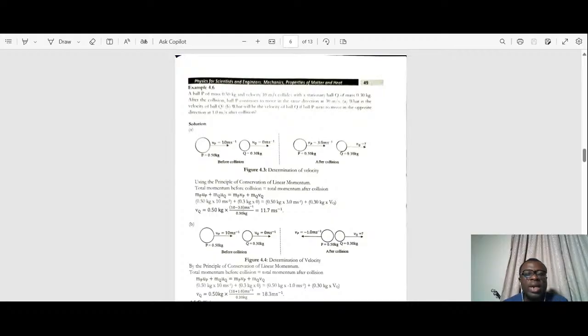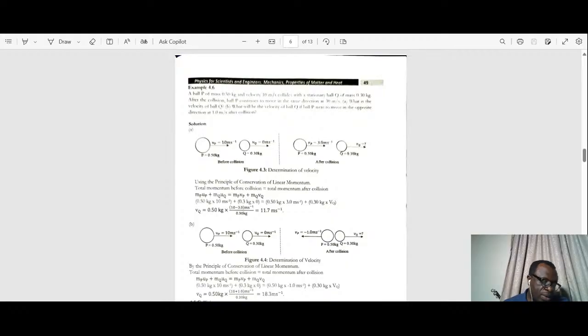So looking at the conservation of linear momentum, you have MP UP plus MQ UQ equal to MP VP plus MQ VQ. And what you are calculating here is VQ. If you do the substitution and make VQ the subject of the formula, you now have 11 meters per second.